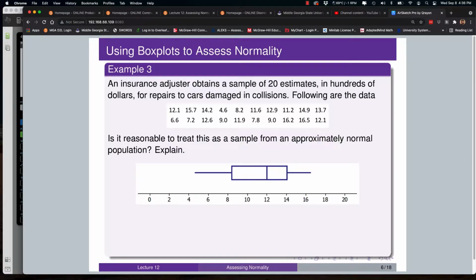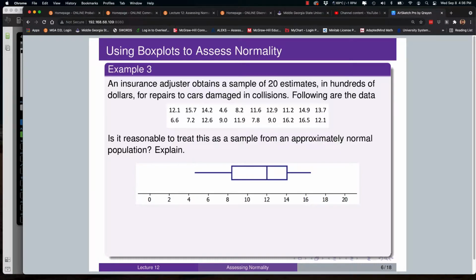When we look at the box plot, our eyes first want to go to this whisker being longer than the other one. And it is longer than the other one, but is it drastically longer?